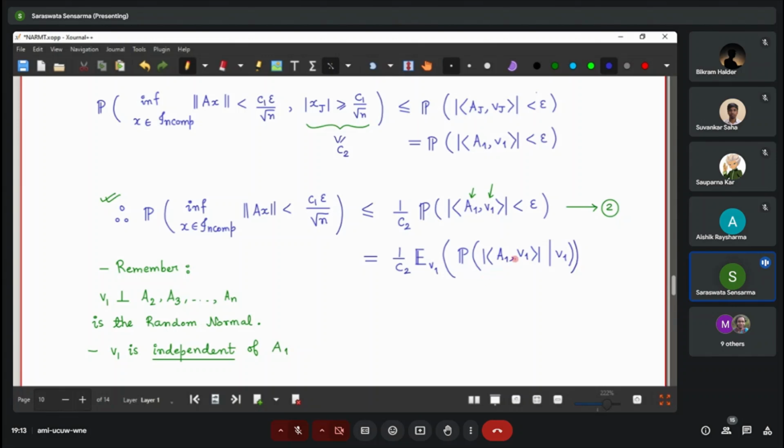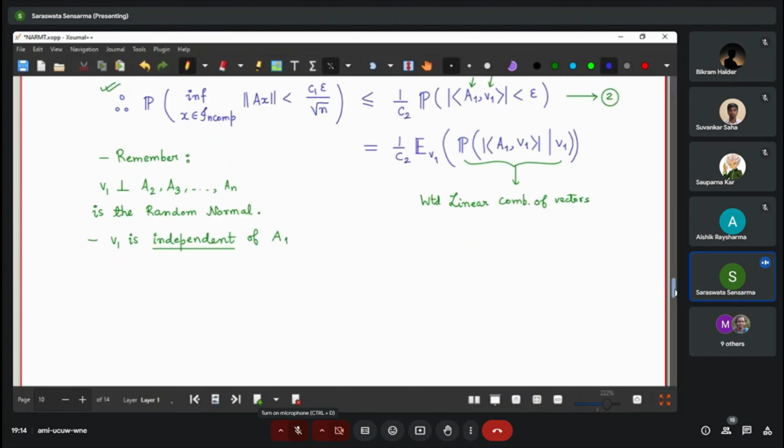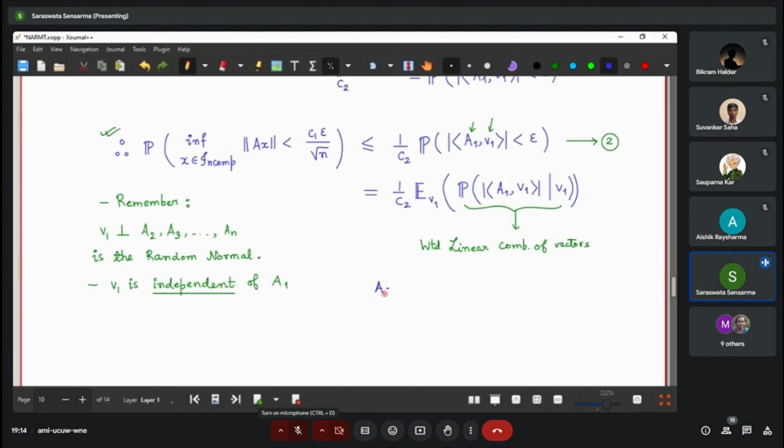And the term inside is precisely a weighted linear combination of vectors. So let's say A1 is something like x1 through this. So what is the event in that probability?